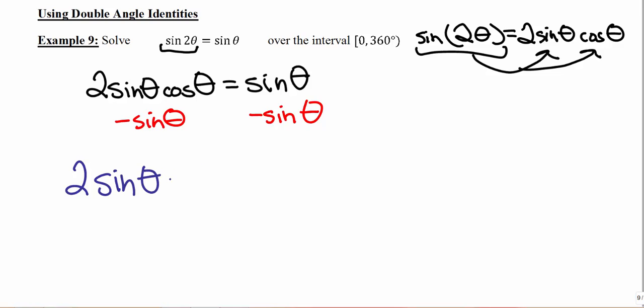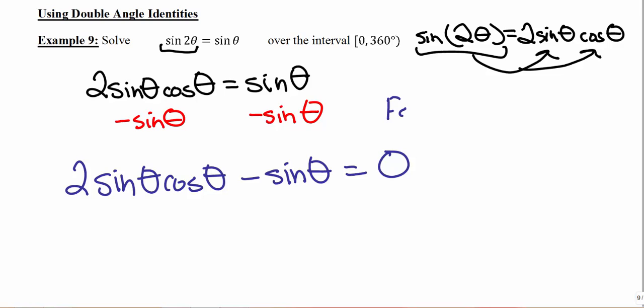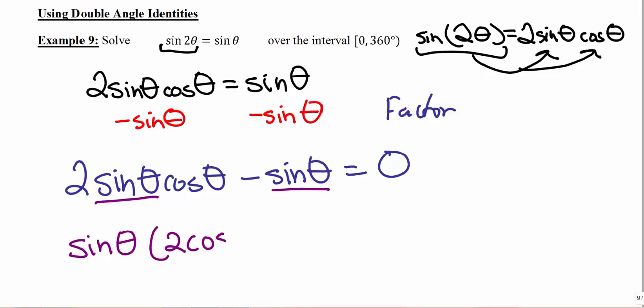So that would be 2 sine theta cosine theta, and then minus the sine theta that we subtracted from both sides. Now we have equals 0. So we are attempting to factor here. And now we notice that there's a common factor between both of these terms. And we're going to factor out that GCF sine theta. So we're left with 2 cosine theta minus 1.